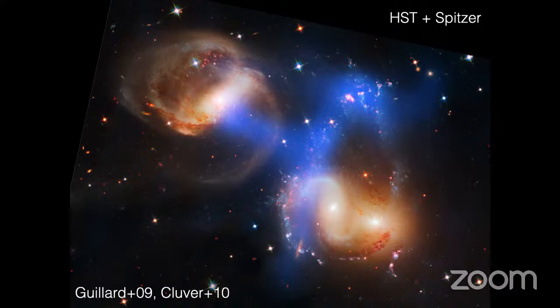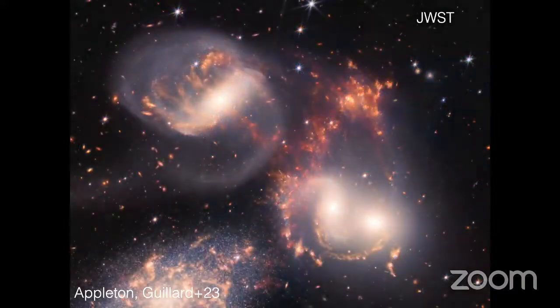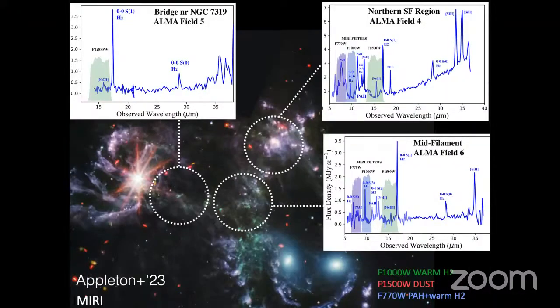Most of the H2 is located in the intragroup medium, outside of those galaxies. And now with James Webb, we've got these images. We see the structure of the gas, and from spectroscopy we now know that some of those James Webb filters are dominated by H2 lines. Here, in green, is the 10 micron filter, which we know from spectroscopy is dominated by the H2 lines.